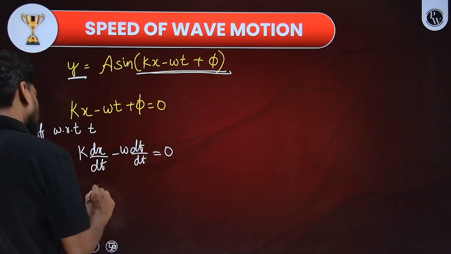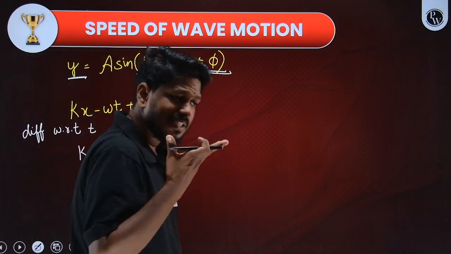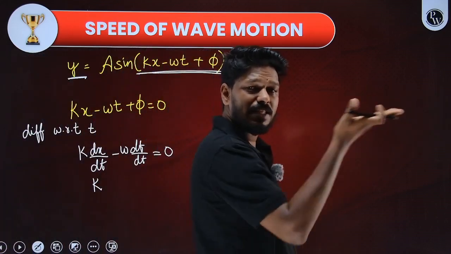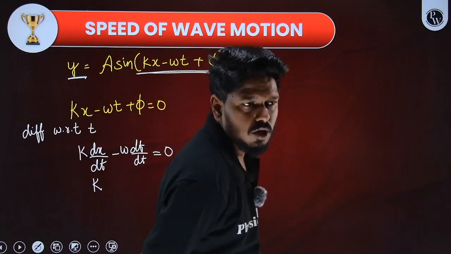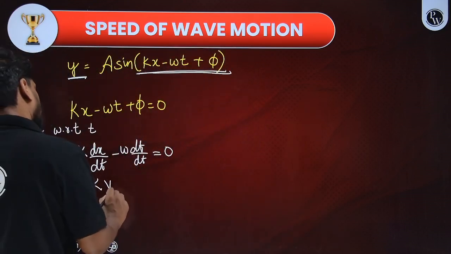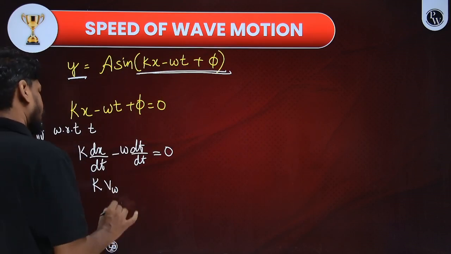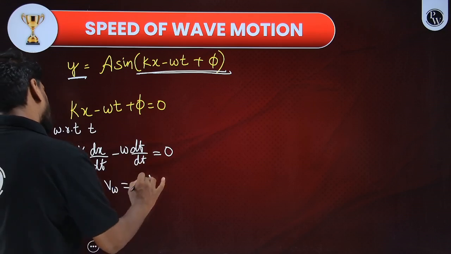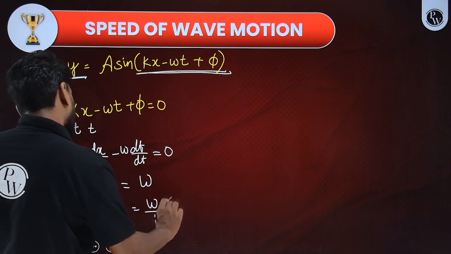If I take this to the other side, I get k into dx by dt. X is the distance traveled by the wave, the direction in which the wave is propagating. So dx by dt represents the speed of wave. Speed of wave, I am using a notation v to denote wave speed, is equal to omega by k.